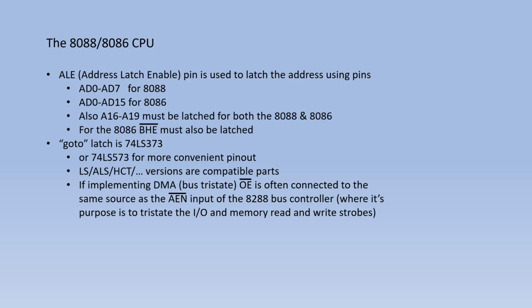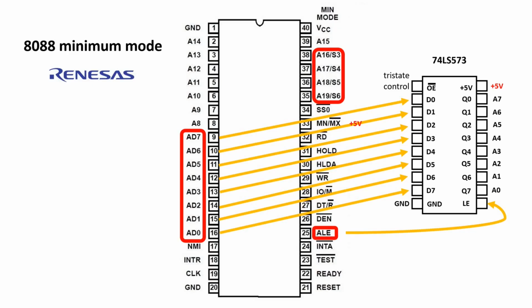The address is needed at the start of a memory access, and so the idea is it gets latched, and that's where we have this special signal called ALE, or address latch enable, and on the falling edge of ALE the address is latched from the AD pins into some external circuitry. The recommended chip to use is an 8-bit latch.